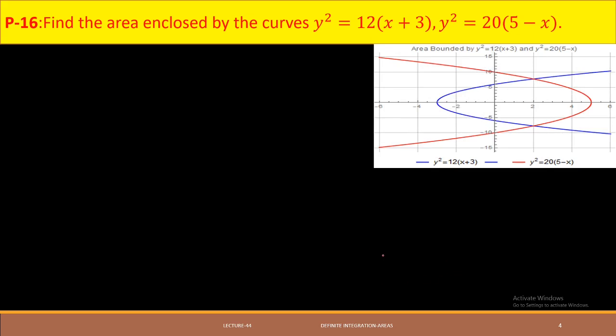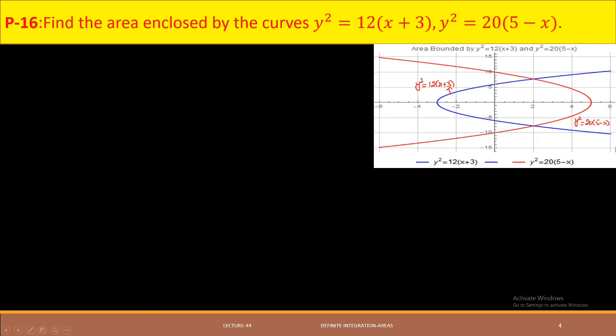Here you can see that the blue color curve is y square is equal to 12 into x plus 3, that is the parabola, and the red color curve here is y square is equal to 20 into 5 minus x.